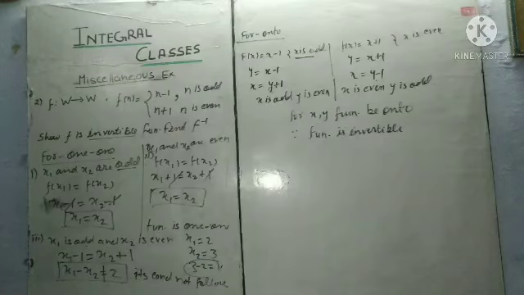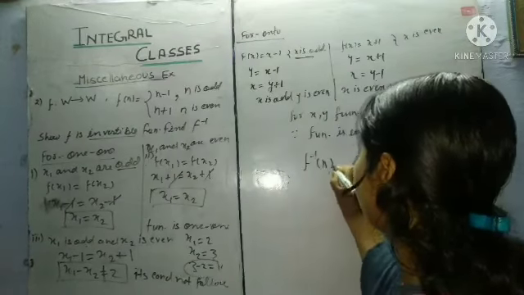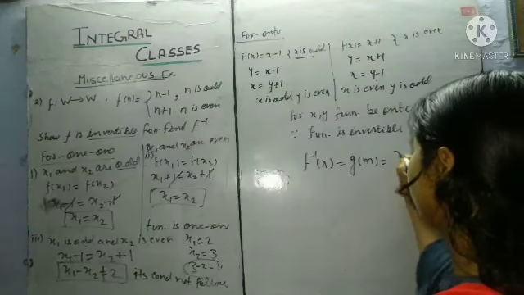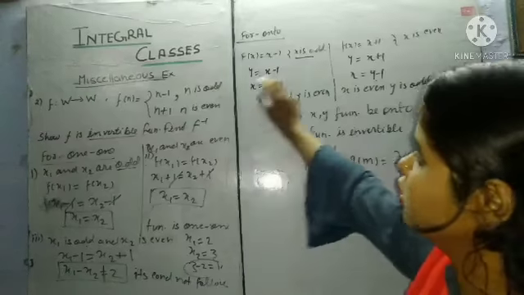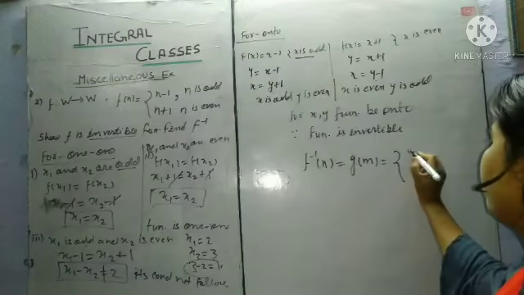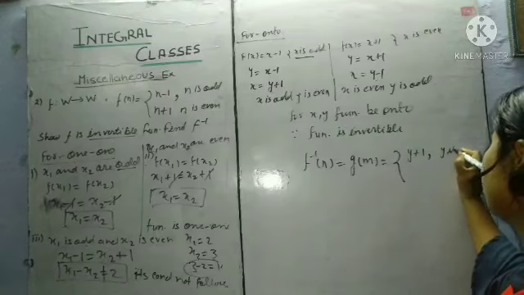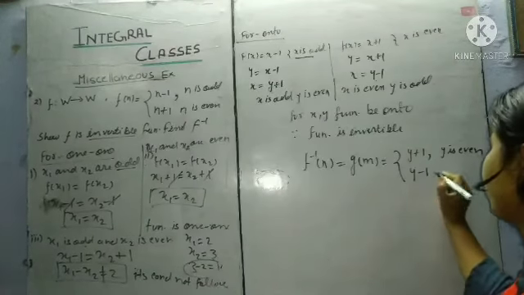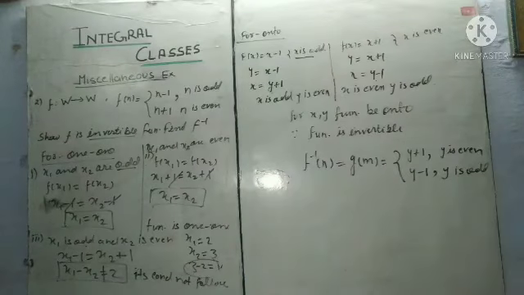So what is the inverse function? f inverse of y equal to, under the condition x is odd, we will get y plus 1 when y is even, and y minus 1 when y is odd. It is its inverse function.